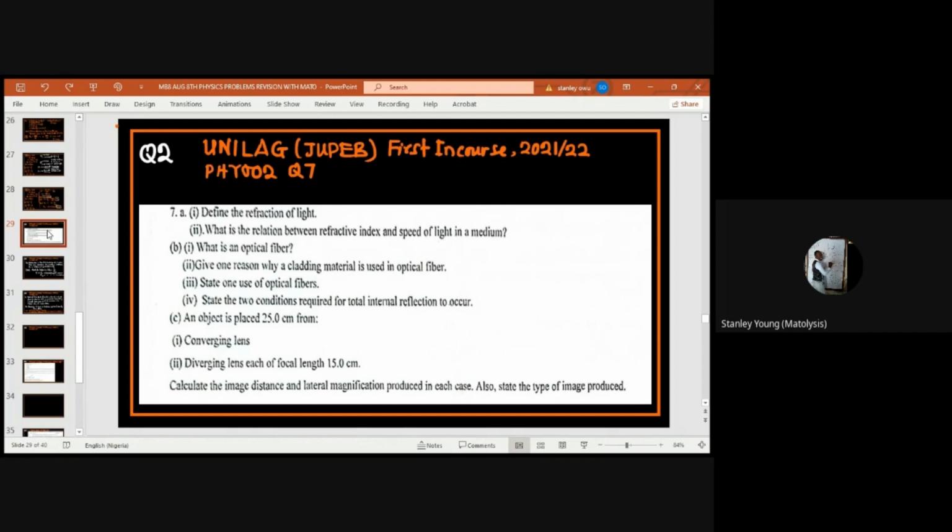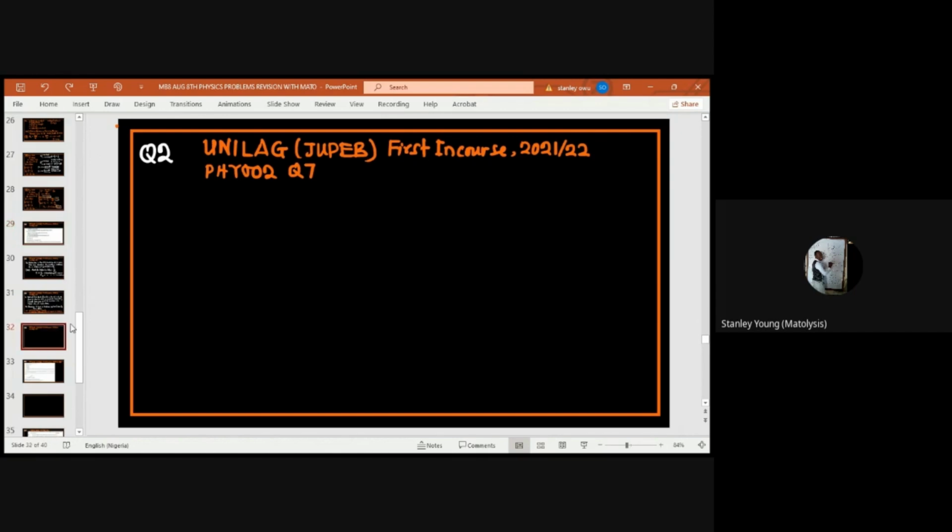Roman figure 4 says, state the two conditions required for total internal reflection to occur. I've already addressed this.